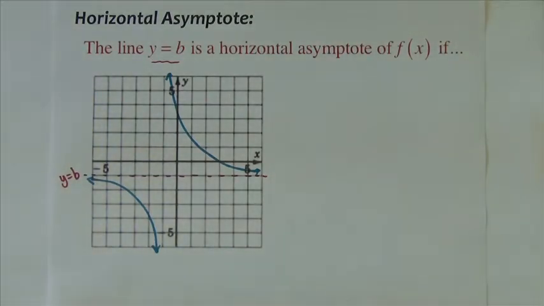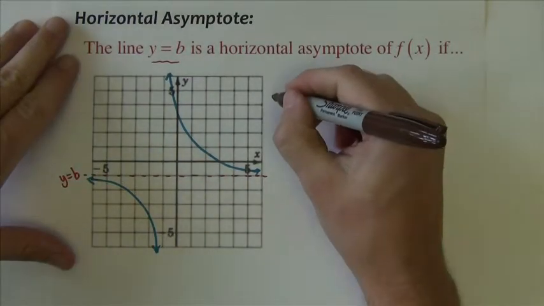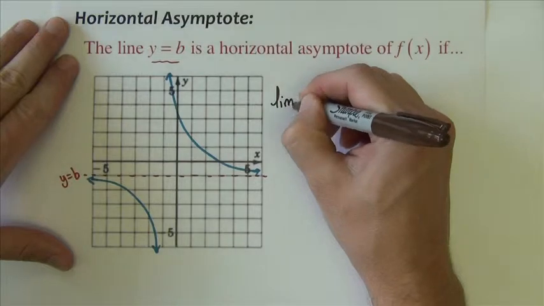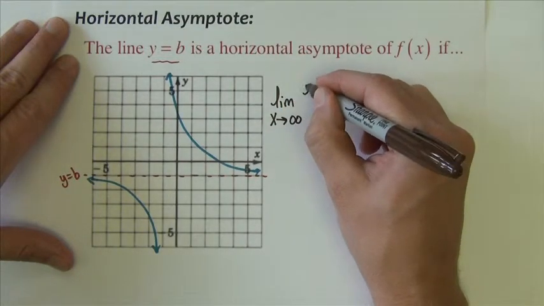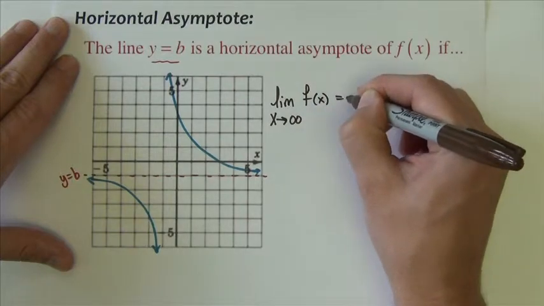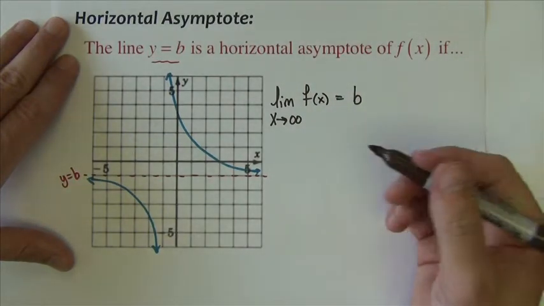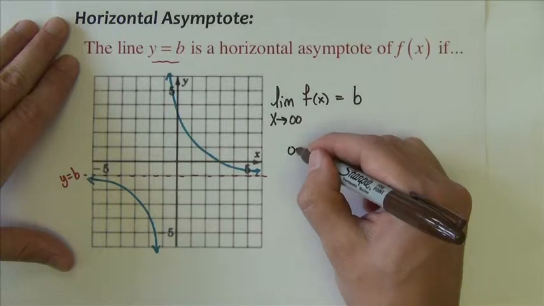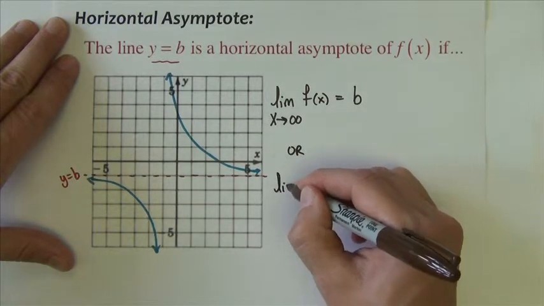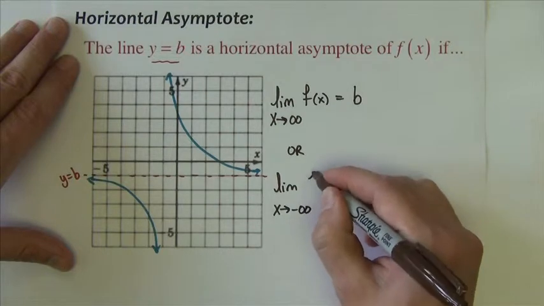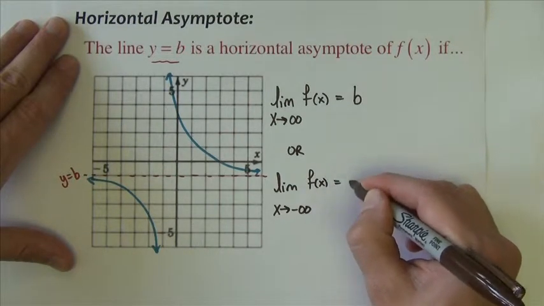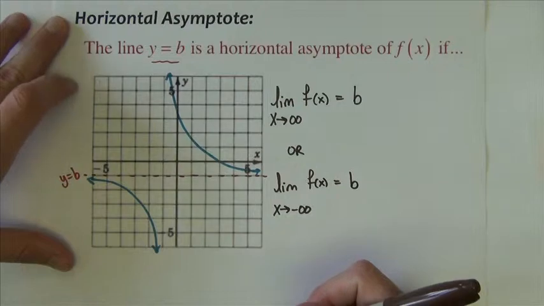So we say that the line y equals b is a horizontal asymptote of f of x if the limit as x approaches infinity of f of x equals b, or the limit as x approaches negative infinity of f of x equals b.